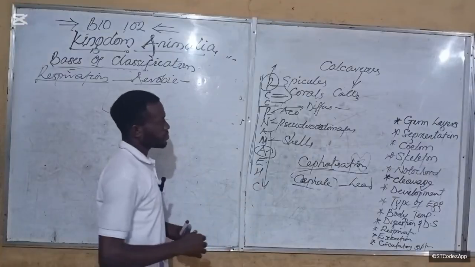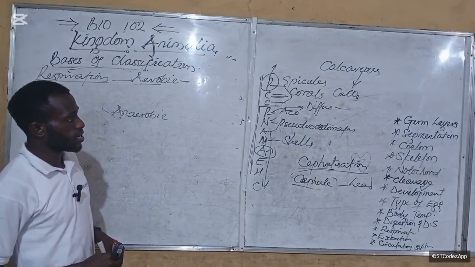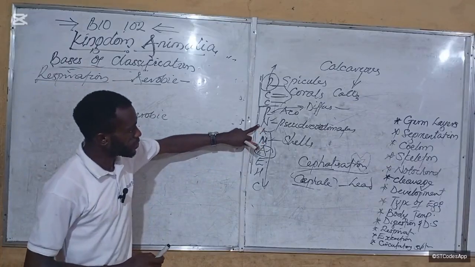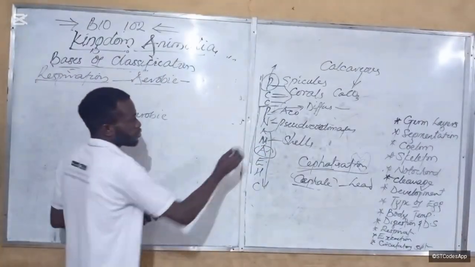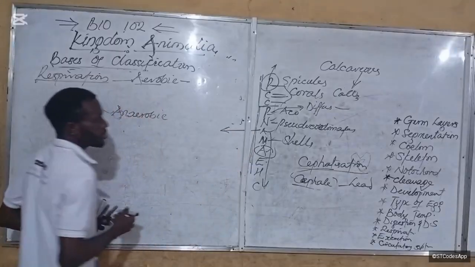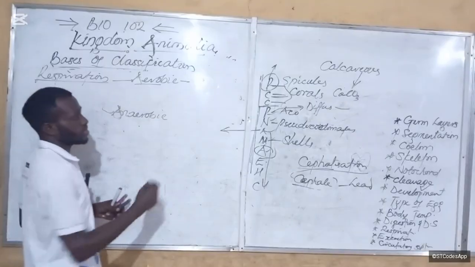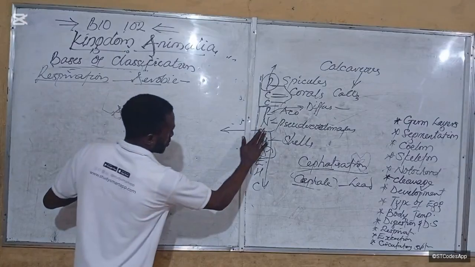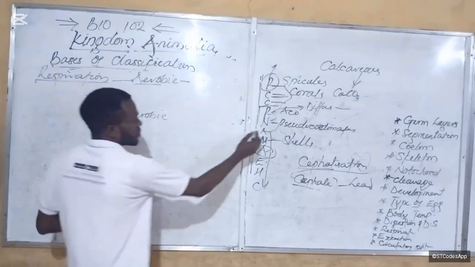But from the arthropods, we begin to see different structures, mostly for the insects. And this is annelid, sorry. Annelids also respire through the body surface.